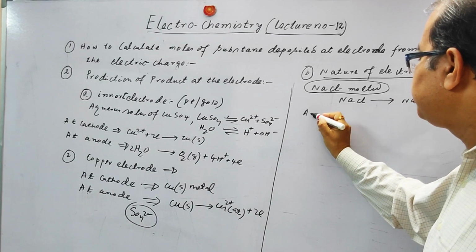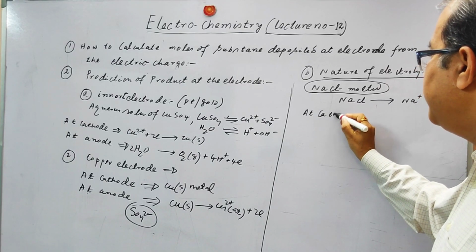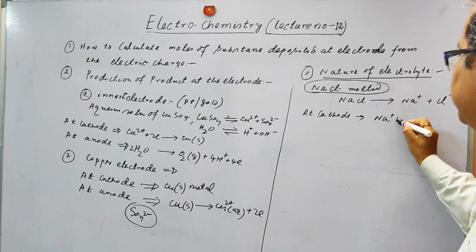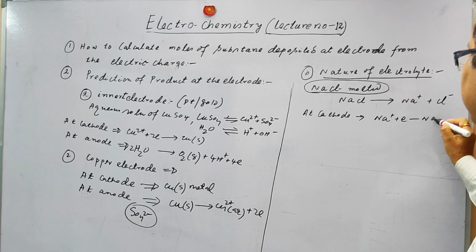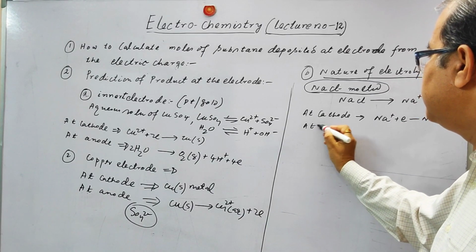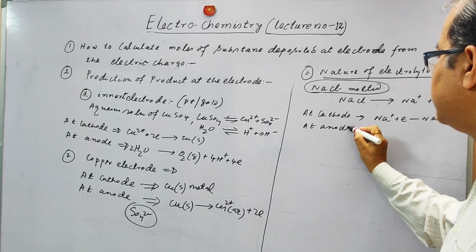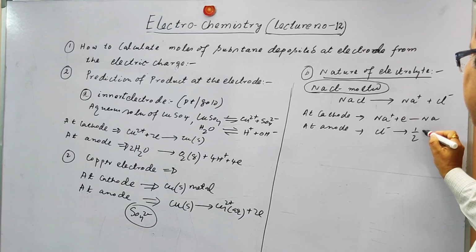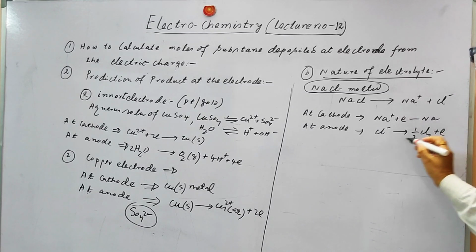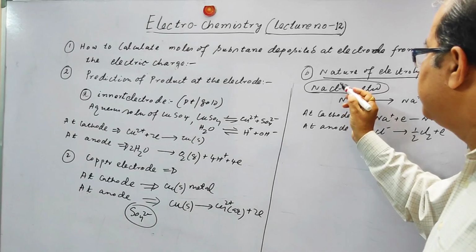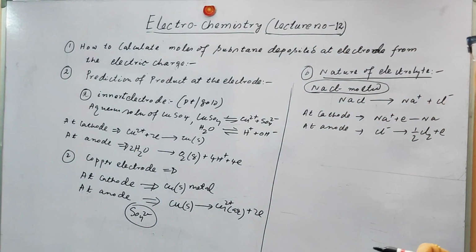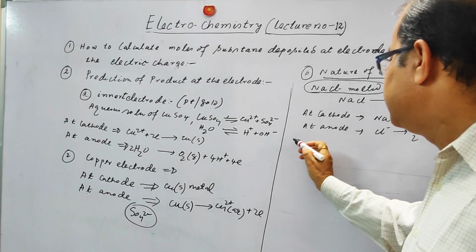At the cathode Na+ will be reduced to Na, and at the anode Cl- will be oxidized to chlorine gas. So when you electrolyze molten NaCl, we find two products, sodium and chlorine gas.